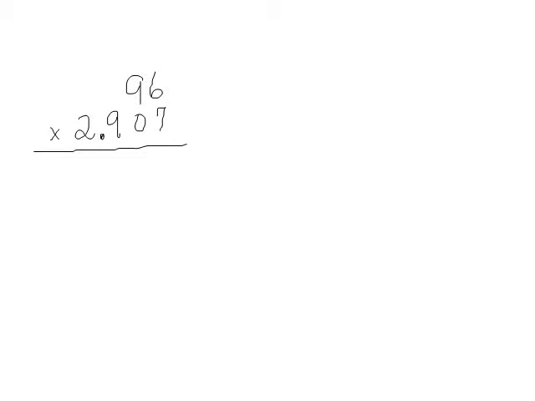We want to estimate the product. So we're going to use our rounding rules. Looking at the very first factor, we're going to look at the greatest place value. Look at the number next to it. Because it is a 6, it's 5 or greater, means that the 9 must be raised. So 96 will round up to be 100.